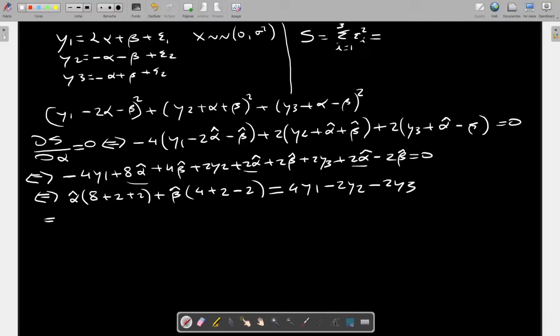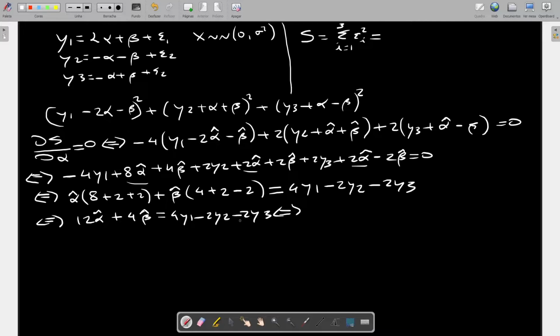So let's continue. Let's do some simplification here. So 8 plus 2 plus 2 is 12, so 12 alpha plus what do we have here? 4 plus 2 minus 2 is 4, so we have 4 beta equals 4 y1 minus 2 y2 minus 2 y3. The next step we can do here is just simplifying this a bit in order to get the minimum possible values.